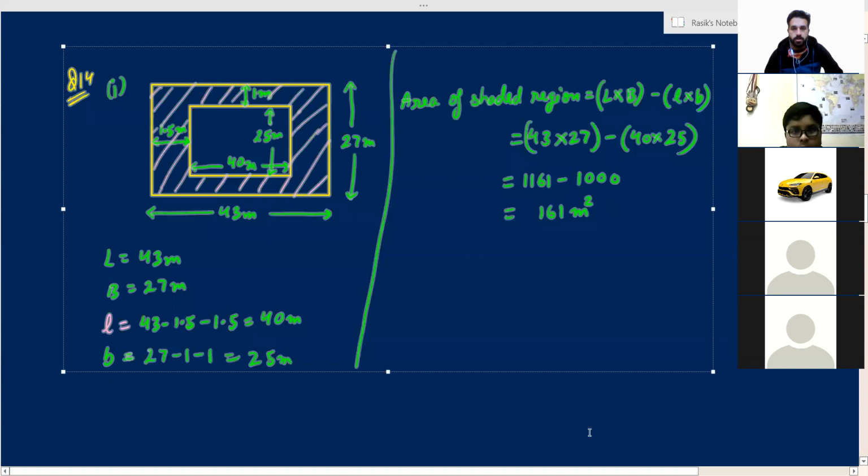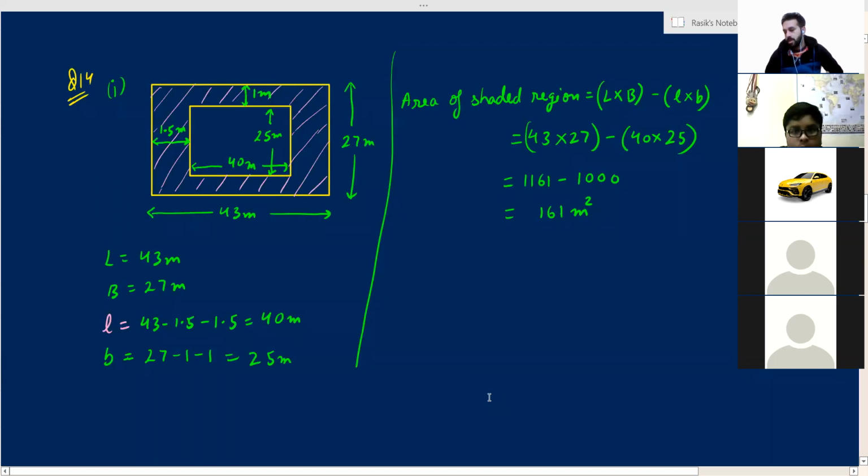Question 14, first part. All of you, look at the board. Very similar question that we have done till now. Only one difference is there. Here you can see the thickness of the path is 1.5 meter. All of you, especially 7B students, 7th A have already done this.